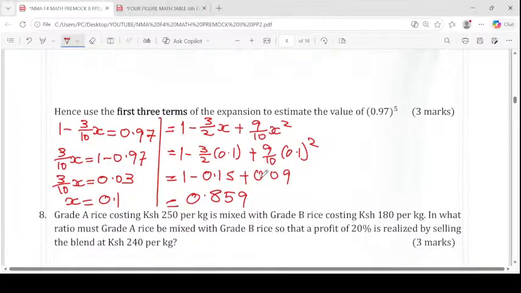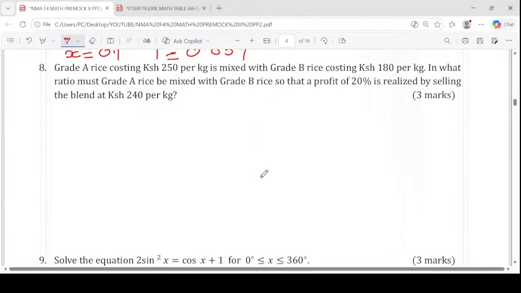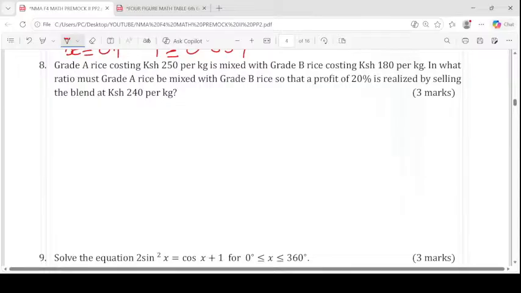Question number 9. So question number 8 now. Question number 8 is from mixtures, that is form 3 work once again. Grade A rice costing 250 shillings per kg is mixed with grade B rice costing 180 shillings per kg.